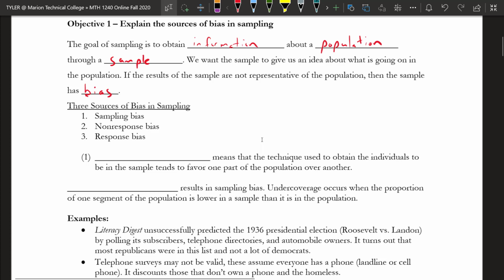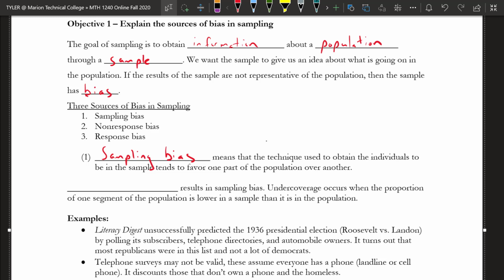The first one is sampling bias. Sampling bias means that the technique you use to obtain the individuals to be in the sample tends to favor one part of the population over another.